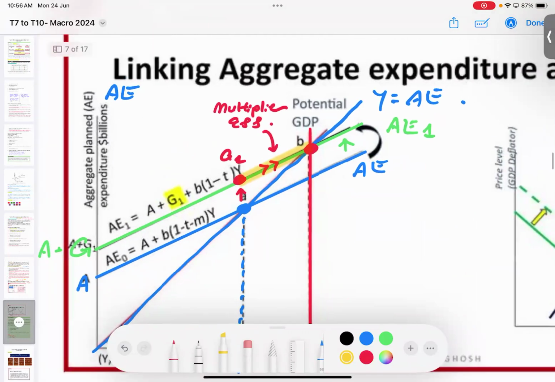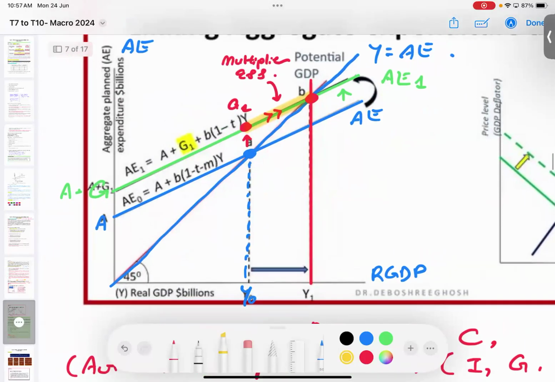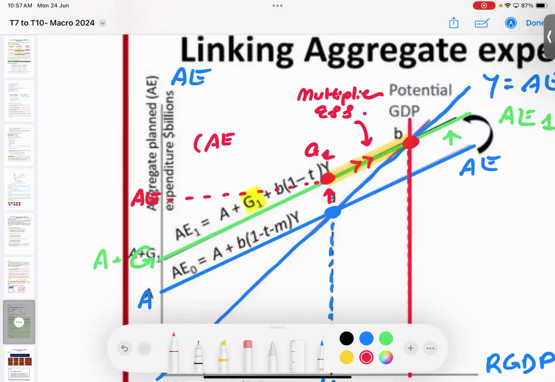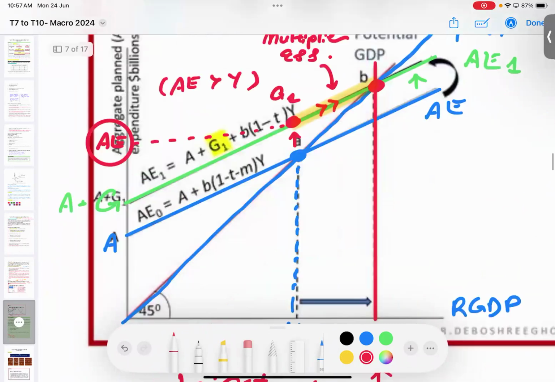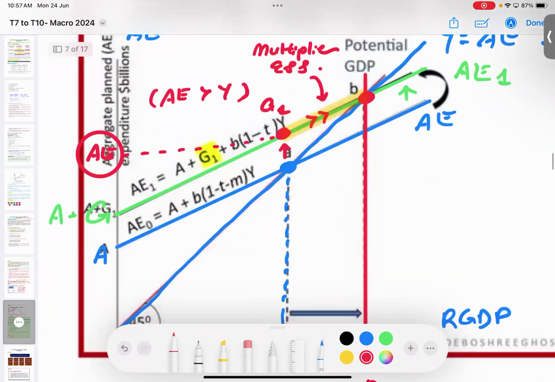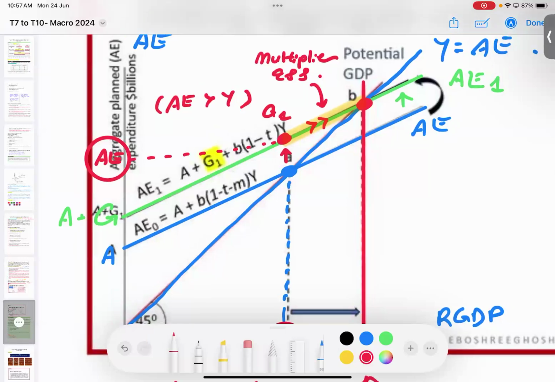Just now, from point A to point A1, you will realize that I shouldn't have used the words potential output. I should say AE larger than output. Sorry, my bad. At A1 my aggregate expenditure is way larger than the output. My aggregate expenditure is here, and my output is here, so they're no longer equal to each other.